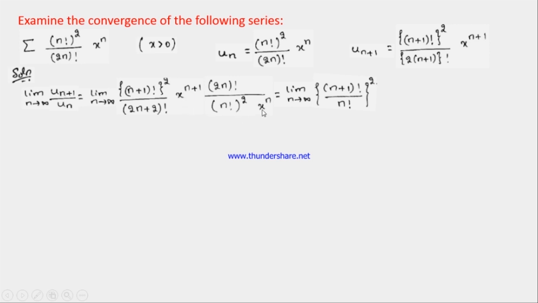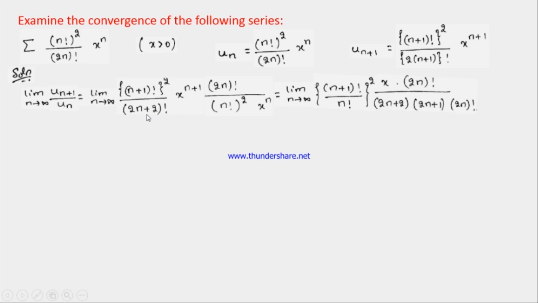And x power n and x power n cancels to give x into 2n factorial, written as it is. And in the denominator, I am just simplifying this to have 2n factorial so that 2n factorial cancels with this 2n factorial. So I've just taken first two numbers out of this factorial.